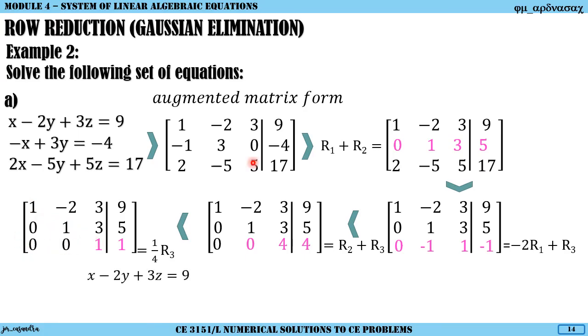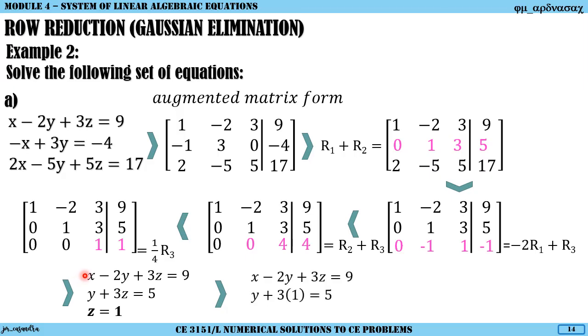So we could now write our equation as x minus 2y plus 3z equal to 9. Then we have y plus 3z equal to 5 and z equal to 1. So substituting z in the equation of y, we will now get a value of y equal to 2.